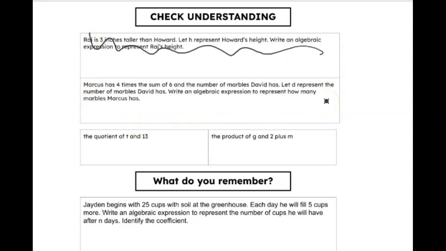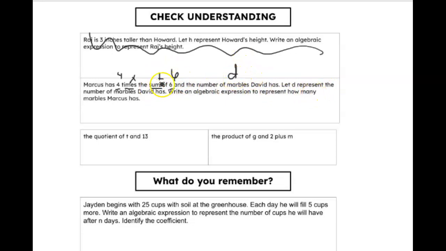Marcus has 4 times the sum of 6 and the number of marbles David has. So 4 times, and then we're doing the sum of 6 and the number of marbles David has. Let D represent the number of marbles.